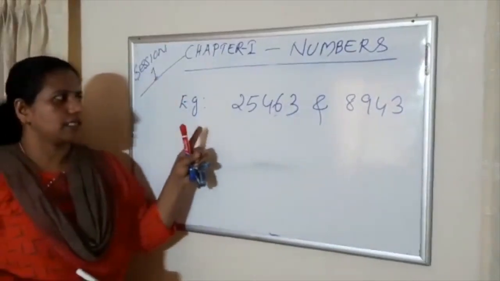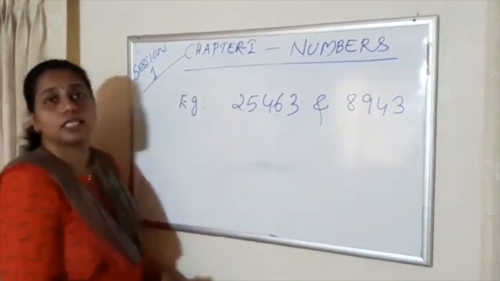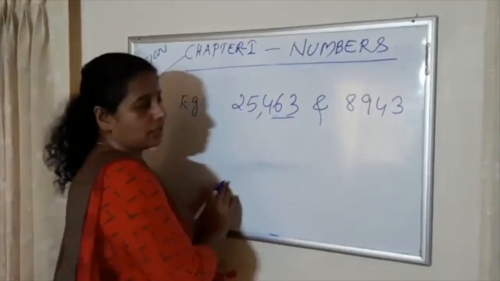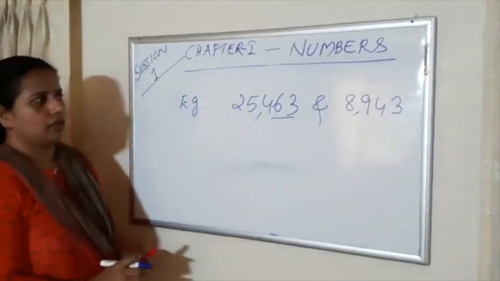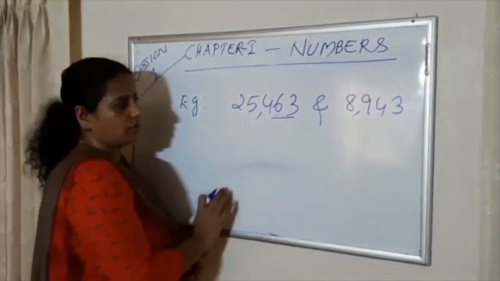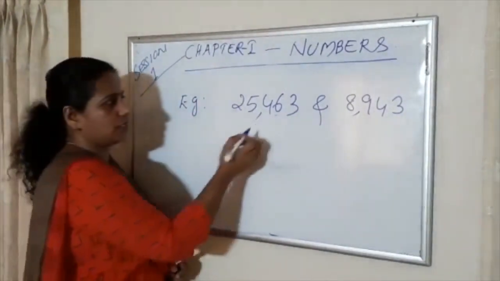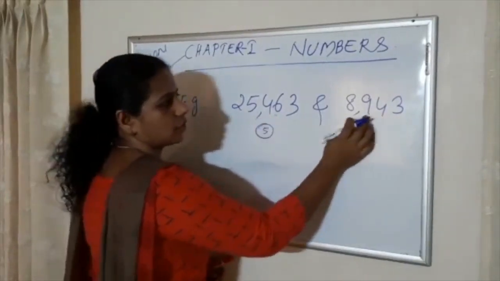Next, take an example 25463 and 8943. Insert commas: after 3 places, place the first comma. Then here also we can place the next comma. Next, first what I told you, count the number of digits: 1, 2, 3, 4, 5. Here 1, 2, 3, 4.